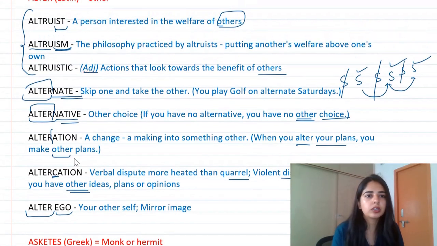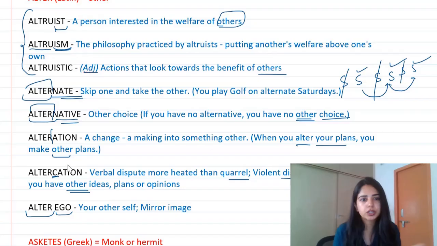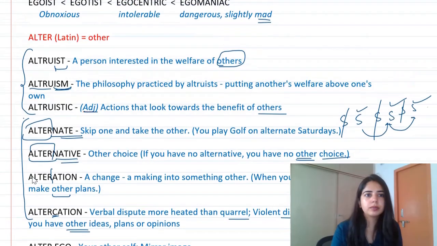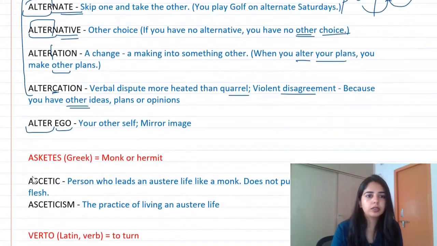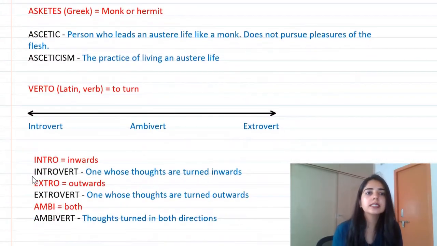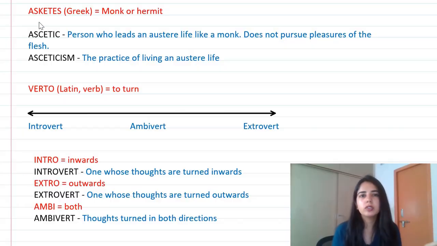So we have learned all these words from altruist, altruism, altruistic, then alternate, alternative, alteration, altercation and alter ego. All these around 8 words we have learnt from alter. Now our third root word for today is ascetes, which is from Greek. Alter and ego were from Latin.